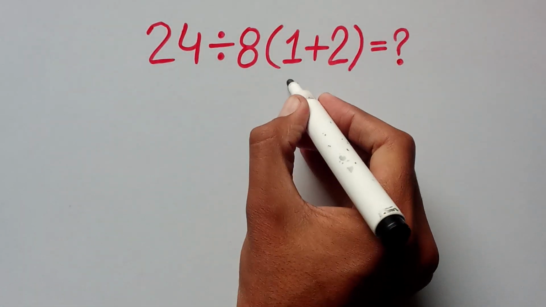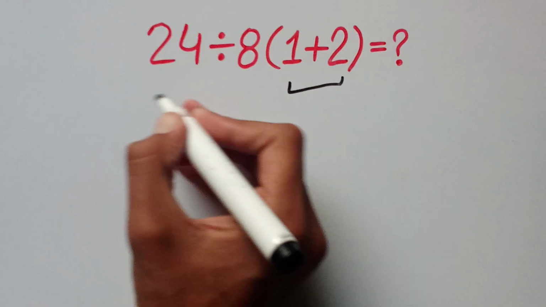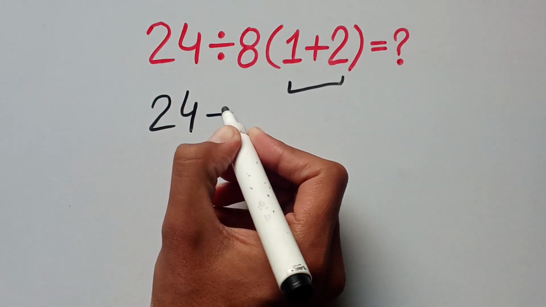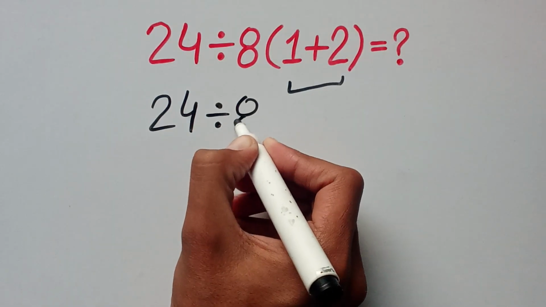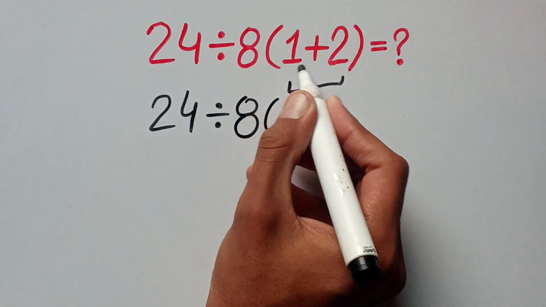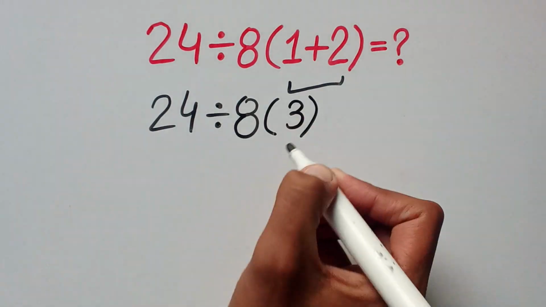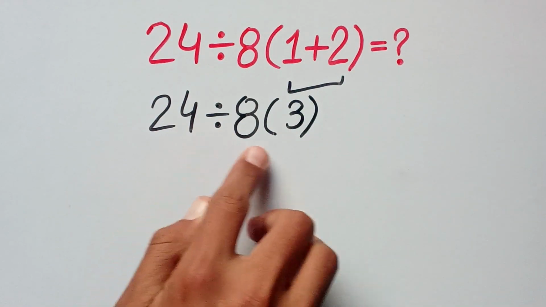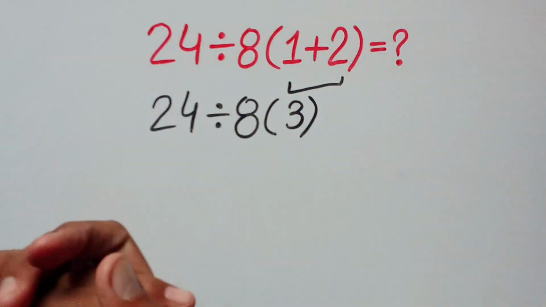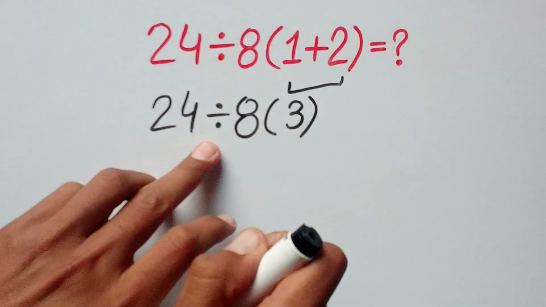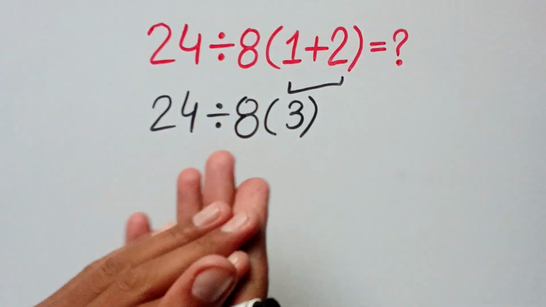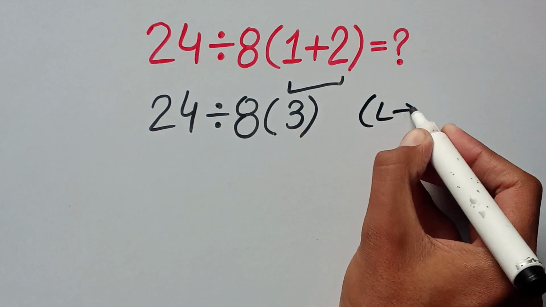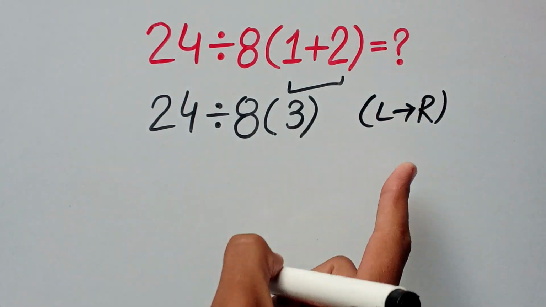So first we solve this parenthesis, so I can rewrite 24 divided by 8 open parenthesis 1 plus 2 equals 3. Now student, here is one multiplication and one division, and according to the rule of PEMDAS, multiplication and division have equal priority, and we always solve from left to right, if you remember.